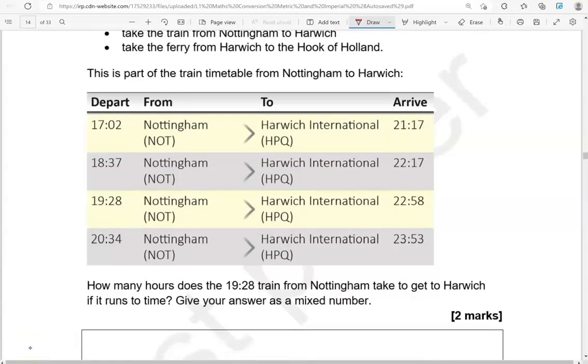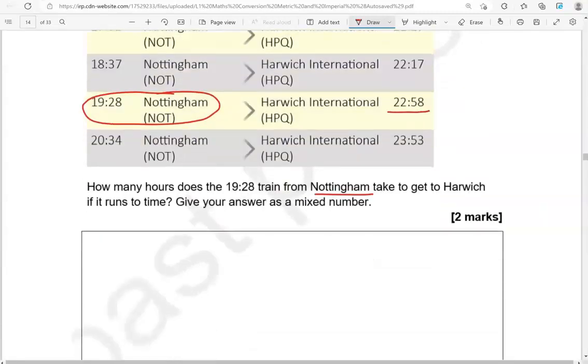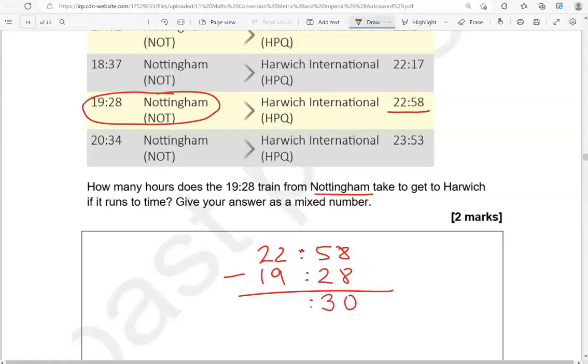How many hours does the 1928 train from Nottingham take to get to Harwich if it runs on time? Give your answer as a mixed number. So from Nottingham at 1928 to Harwich International, and it arrives at 22:58. So 22:58, take away 1928. 8 take away 8 is 0, 5 take away 2 is 3.